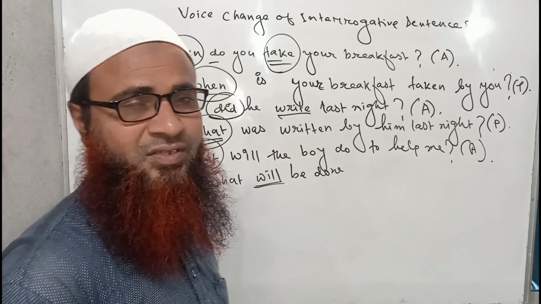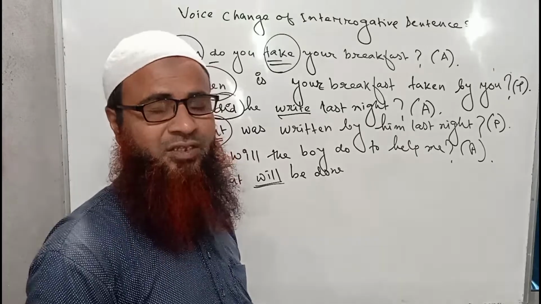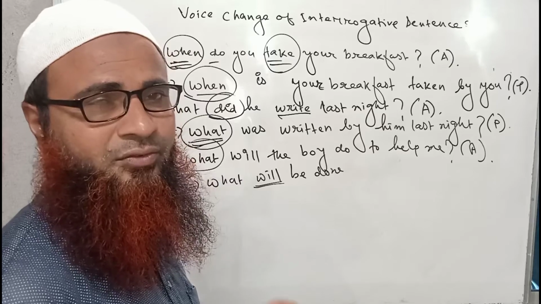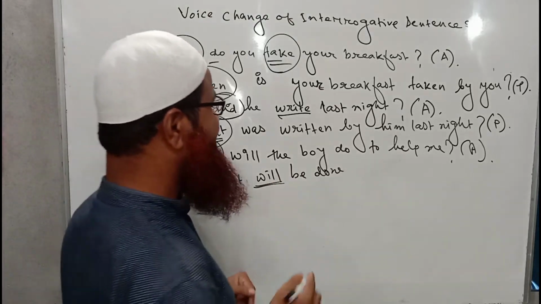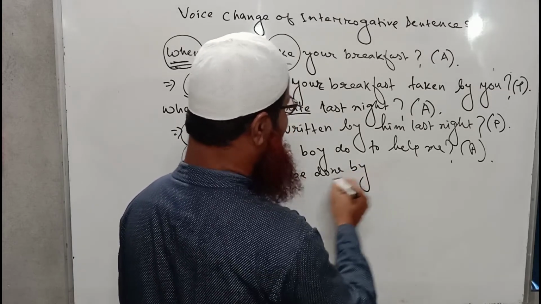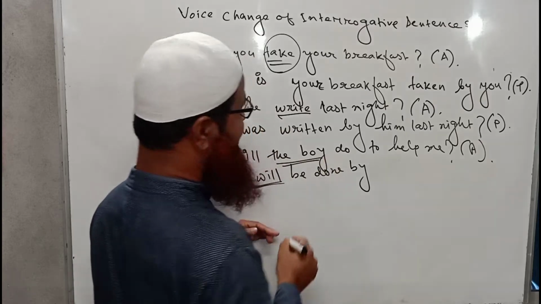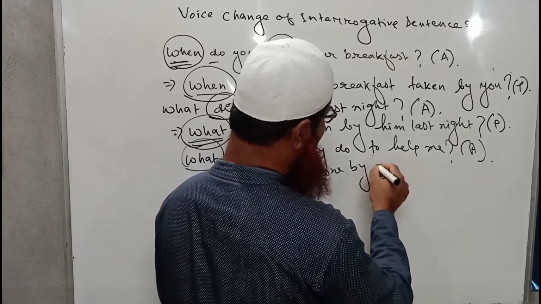Then when there is shall, will, can, could, may, might, then in passive voice we will use be with those modal auxiliaries. So what will be done? Then there will be by, and the subject here is the boy. It will be the object. What will be done by the boy?